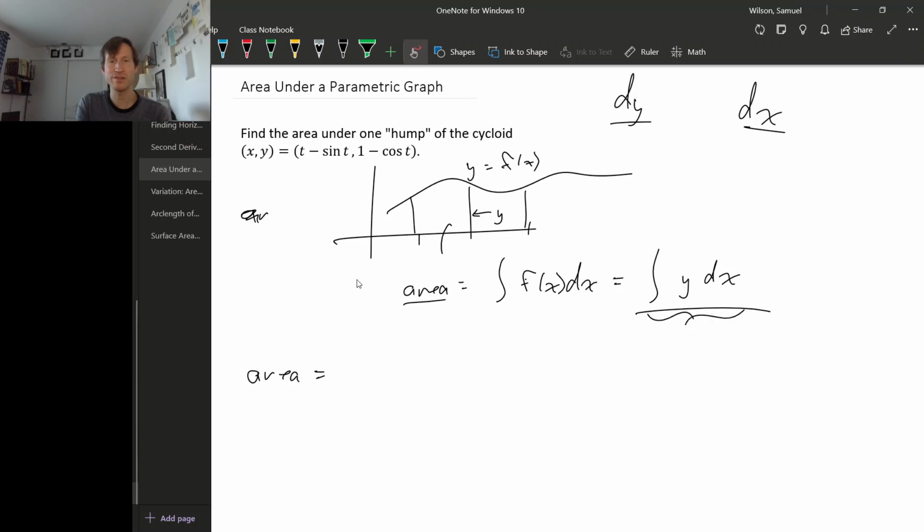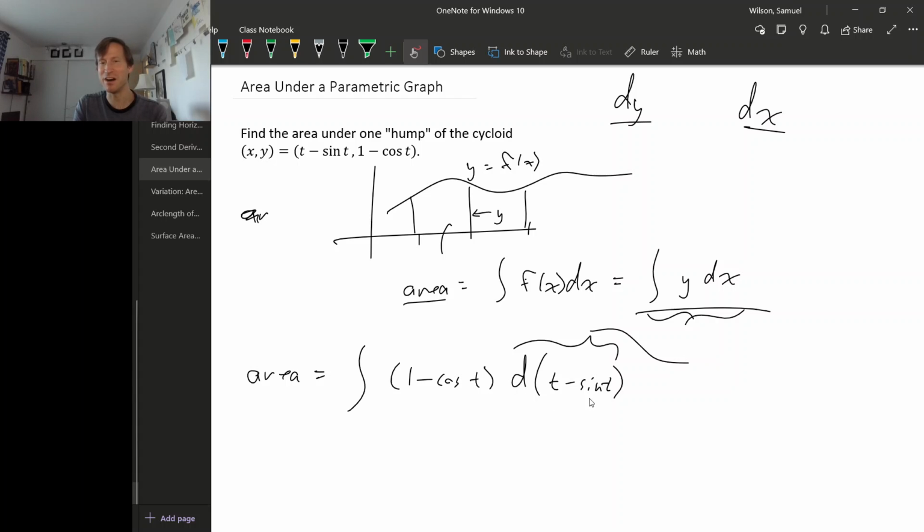So for a cycloid, the area under the cycloid is the integral of y, which is 1 minus cosine t, times dx, and x is t minus sine of t. So remember this differential here.